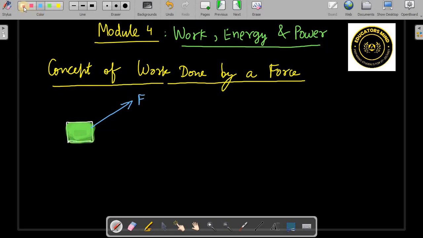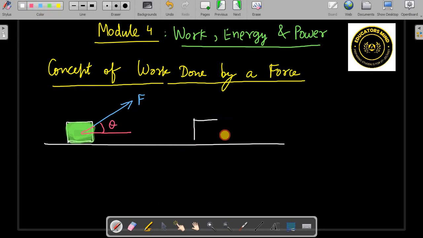There may be friction also, but right now we have to consider work done by this force. Let's say that with the horizontal, this force makes angle theta. And what is going to happen? This body, let us say, slides. After some time, you will see that this block comes here.